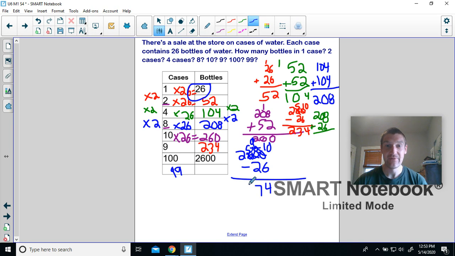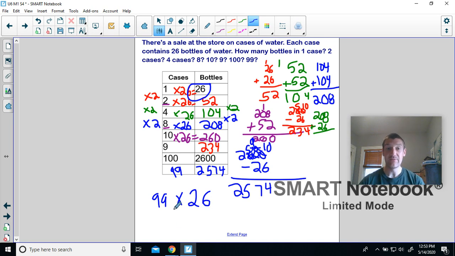I have 500s left. And I have 2,000s. My answer should be 2,574. And isn't that a lot easier than doing 99 times 26? You could use the area method to solve that, but I think this method worked a little bit more quickly. Times it by 100 and then just take away 26.